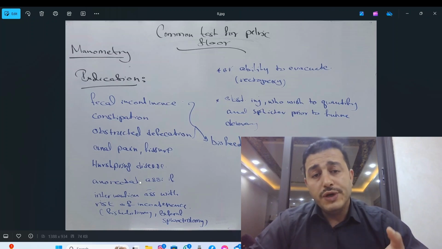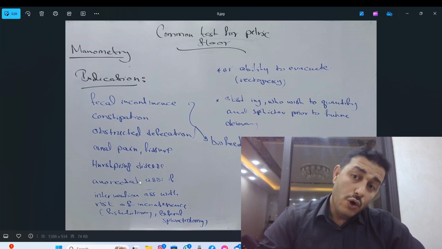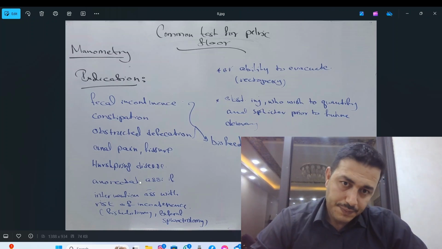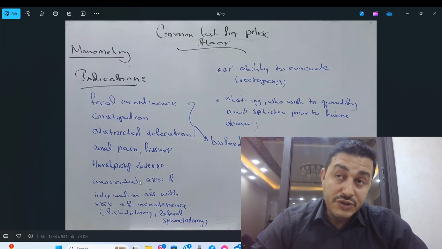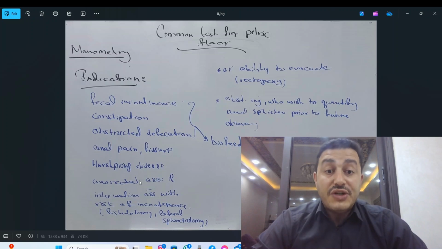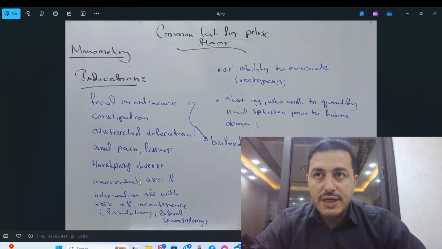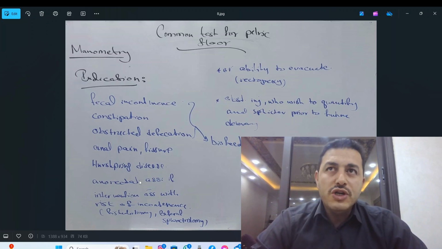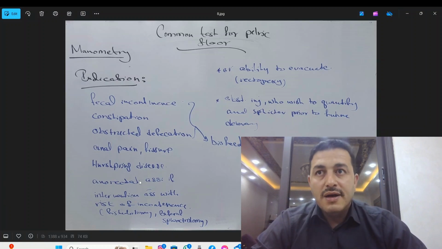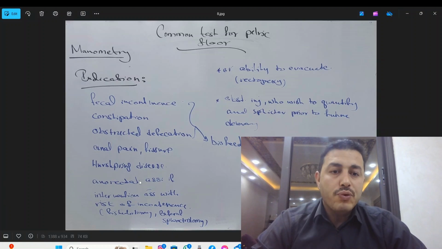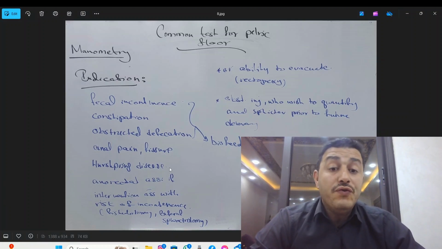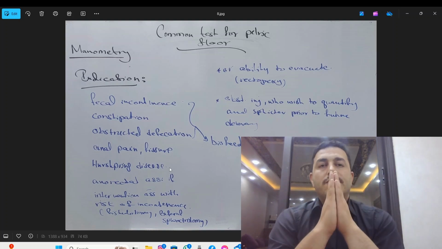If we are going to do rectopexy, that is also one of the indications to do manometry. Also, a female with obstetrical injury who wishes to know the quality of the sphincter she has before proceeding to any future delivery. And biofeedback using the anal manometry.